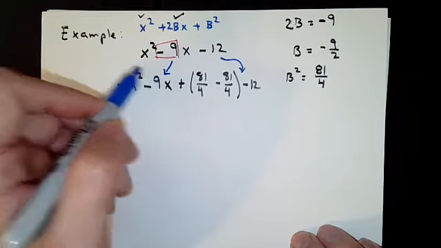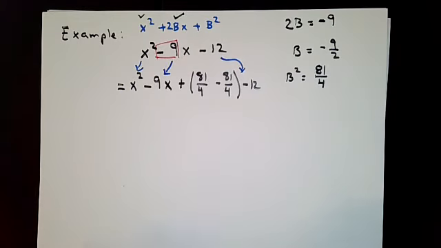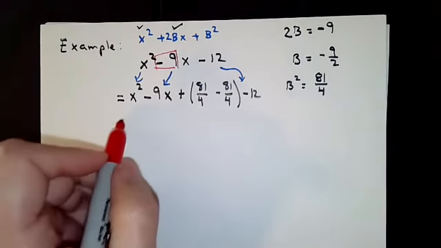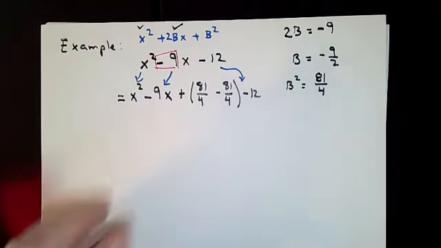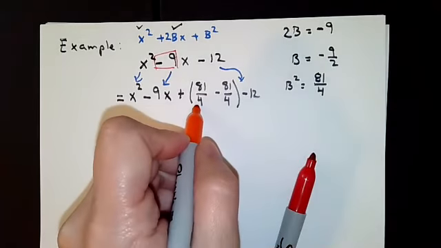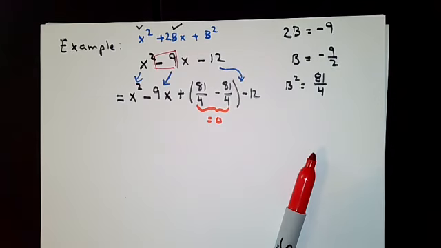There's the negative 9x. The x squared. And so now, oh, right, and then playing with all my colored pens. Right, that's just equal to 0, so it doesn't change its value.